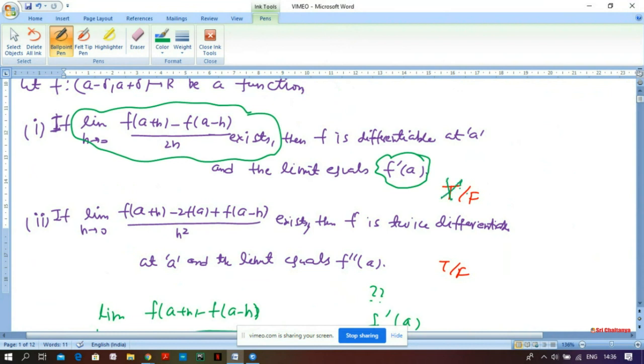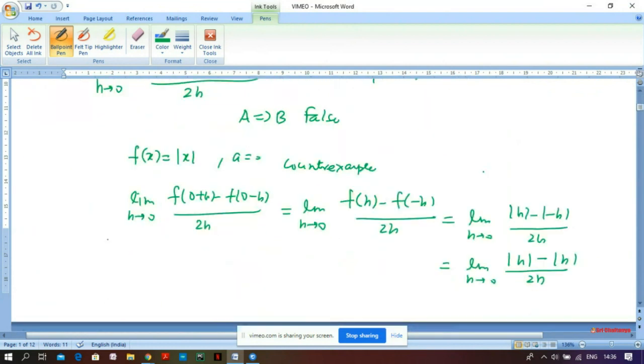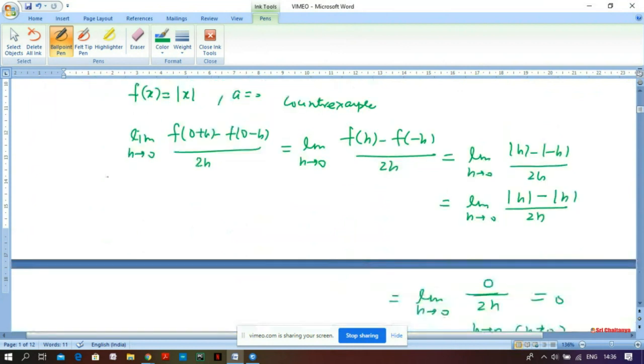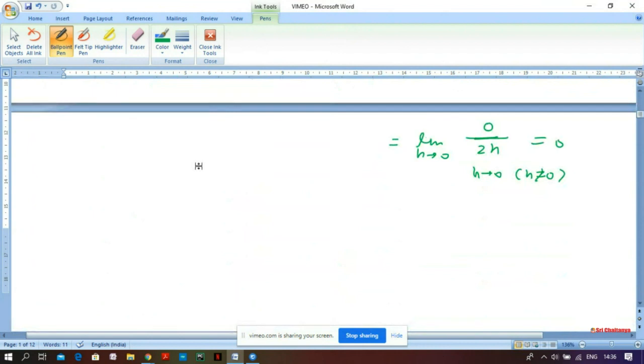Because this statement is false, we gave a counter example, and that counter example was f of x equal to modulus of x. Now, my next question would be: how can we repair the argument? Like, what is the closest that we can get? How do you repair the statement?